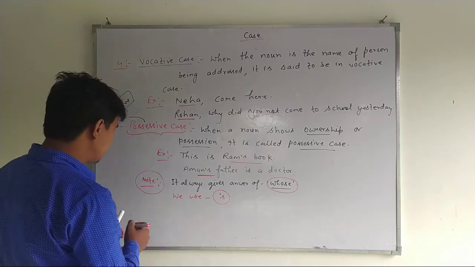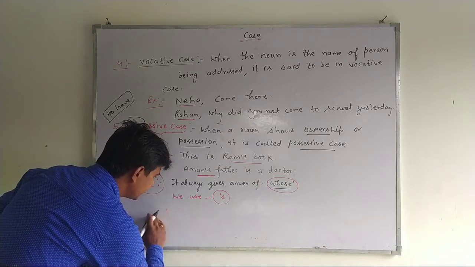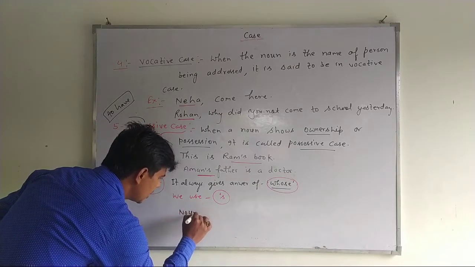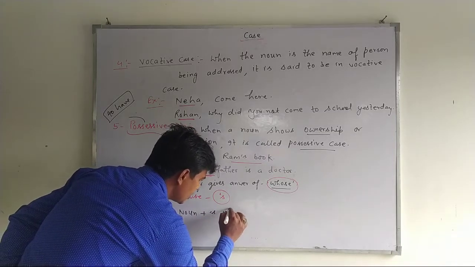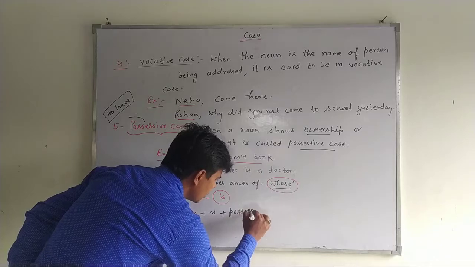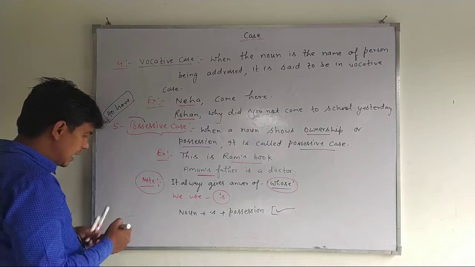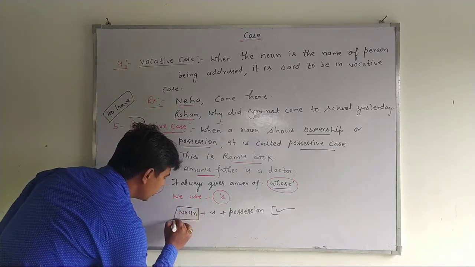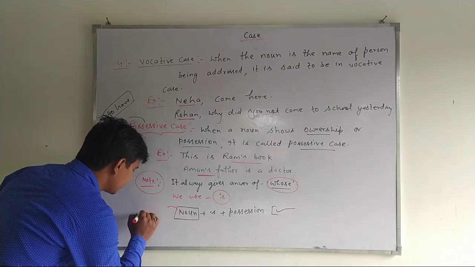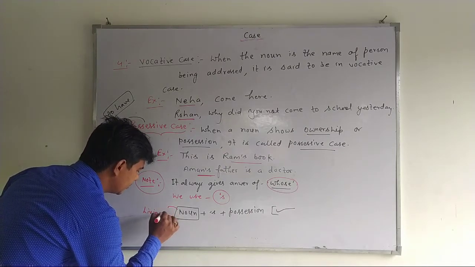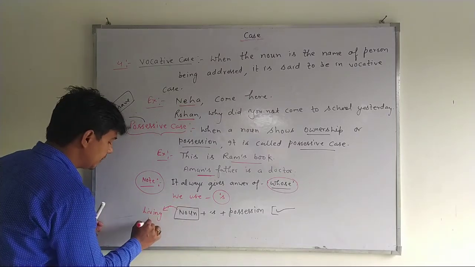And one more thing about the possessive case. Noun plus possessive case plus possession, that is the formation of a possessive case. And listen, that noun must be a living being.